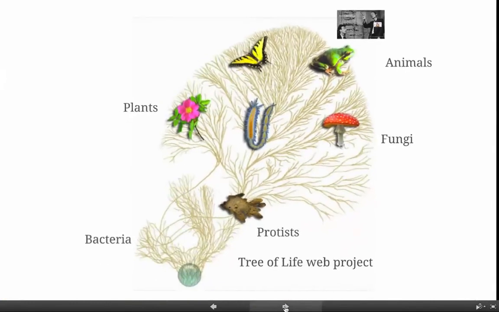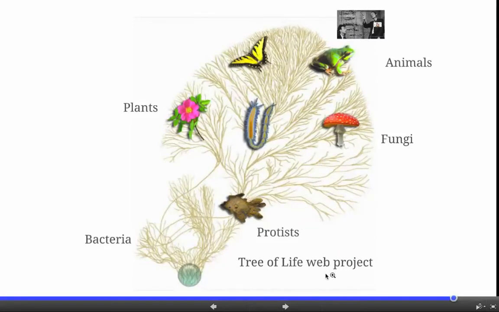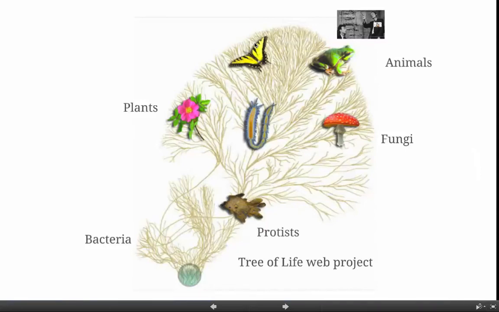So as humans, we're one of millions of species on the planet, and this is a depiction of the tree of life from a website called the Tree of Life Web Project, which we'll look at soon. And it shows that animals make up a good-sized branch, or a good portion of this tree of life. And here we are, close to some of our close evolutionary relatives, other vertebrates like frogs, but here are other animals, insects, and worms.